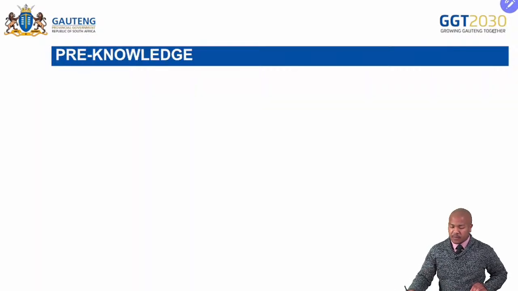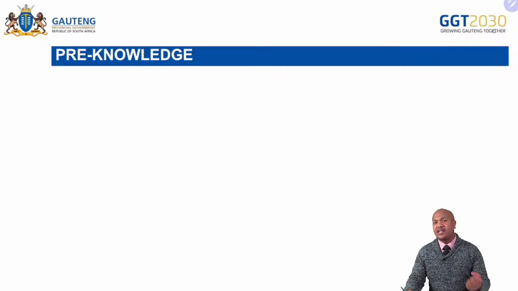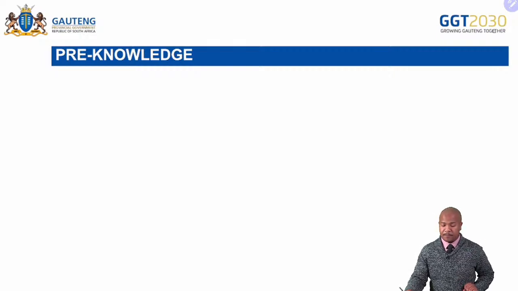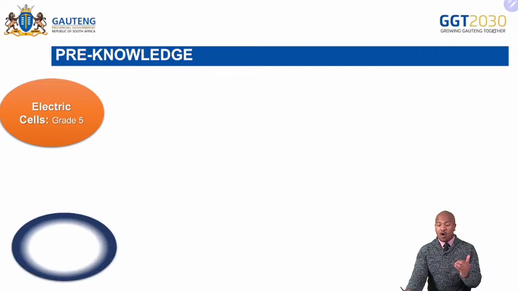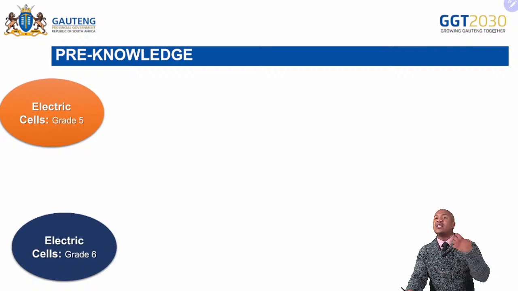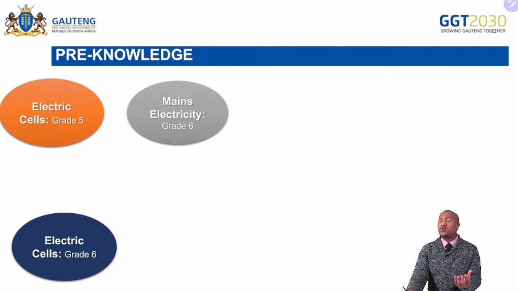Let's move on. Now let's look at what we have done in the previous grades and the same grade prior to today's lesson. So in grade 5, we have done electric cells, right? And in grade 6, later on, electric cells were reintroduced again, right? We have done an introduction to electric cells in grade 5 and grade 6. And also in grade 6, we have talked about mains electricity.